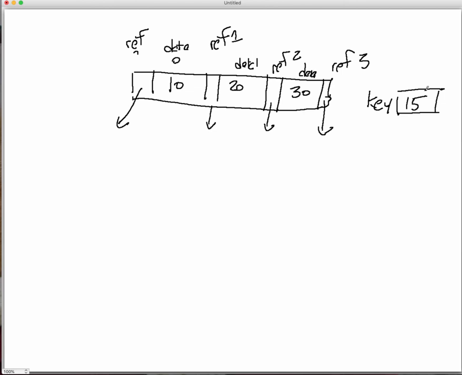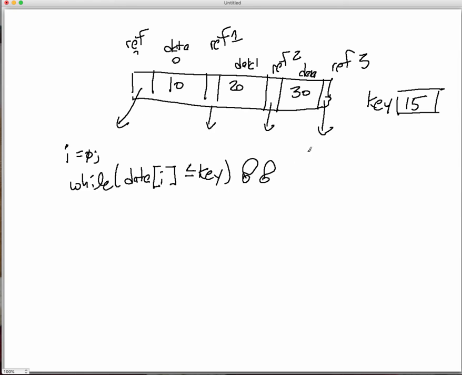and maybe key is 15. So what you might be doing is you might be saying something like the following: I might come over here and say let i equal 0, and I might say while data of i is less than or equal to key, and then you've got to do something like this, and i is less than, and remember, there may not be 3 elements in here.